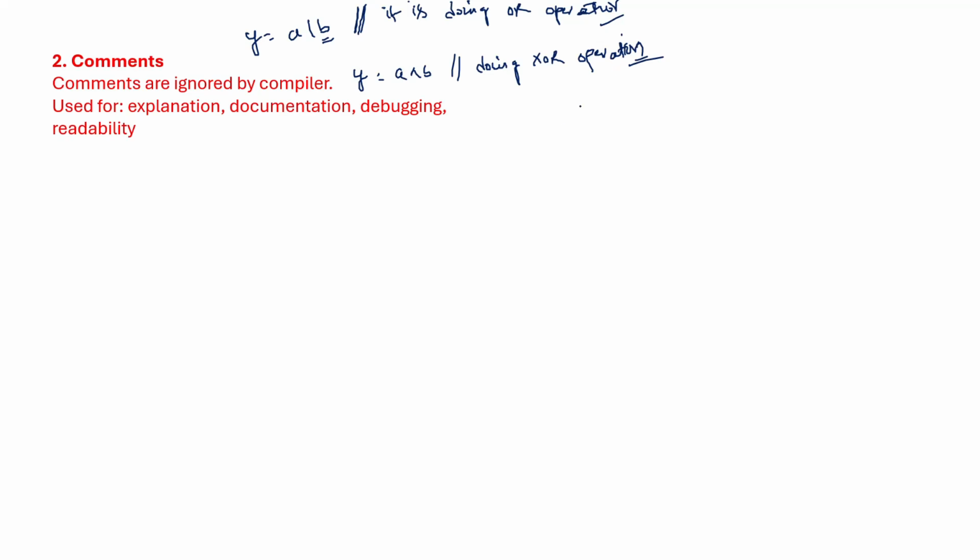The purpose of comment lines is just the readability of your code, to show what type of operation the designer is writing. Comments are ignored by the compiler, so use them for explanation, for debugging time, and for readability.